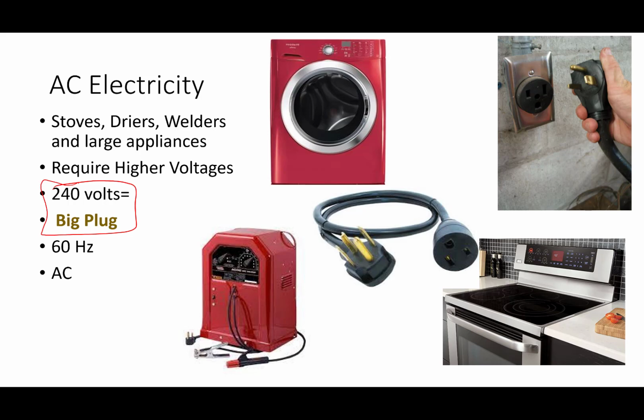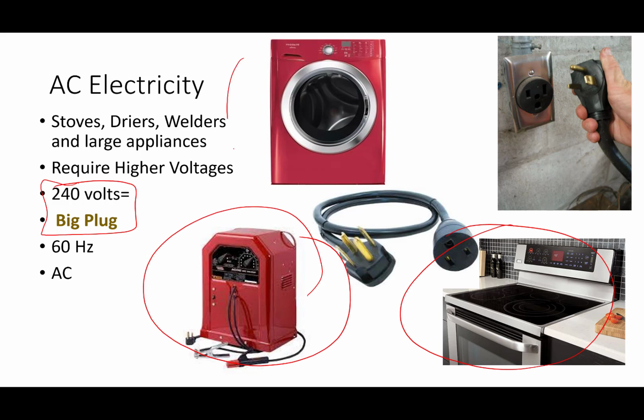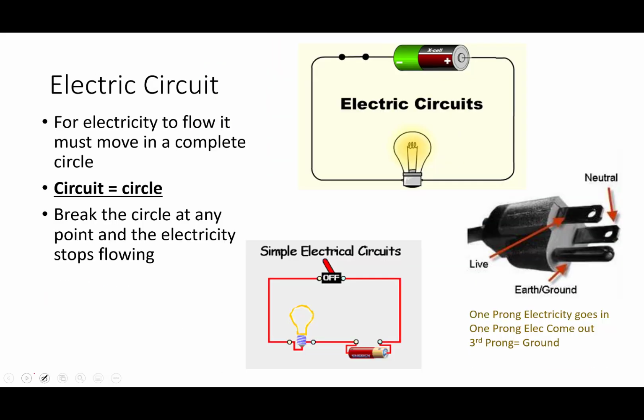And these are going to be big appliances, those that require big quantities of energy. You're only going to have a couple of these around your home, very often an electric dryer, very often a stove, and possibly a welder. Those are the three in my home and in our shop that actually require the big plug. So those are going to exist, still alternate at 60 hertz, 60 cycles per second, alternating current.